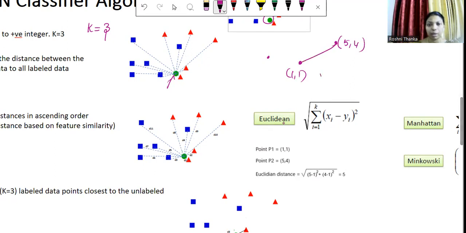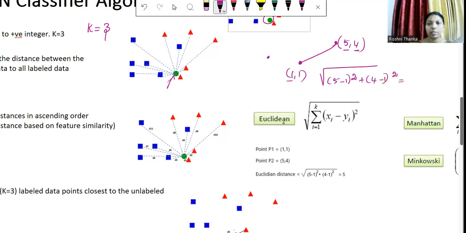According to this formula, how do we do it? xi minus yi, right? So let us take this xi and this yi. How will I do it? For example, 5 minus 1, the whole square, plus the next value, 4 minus 1, the whole square.